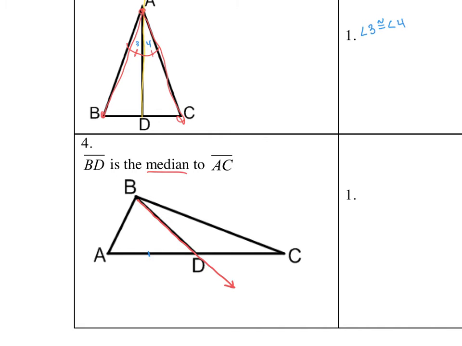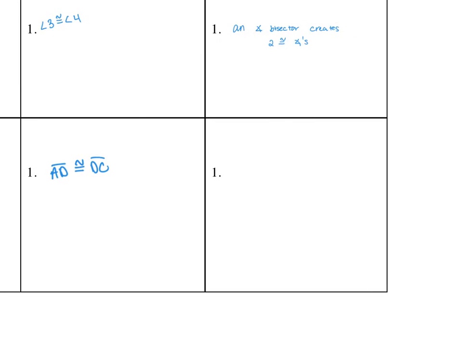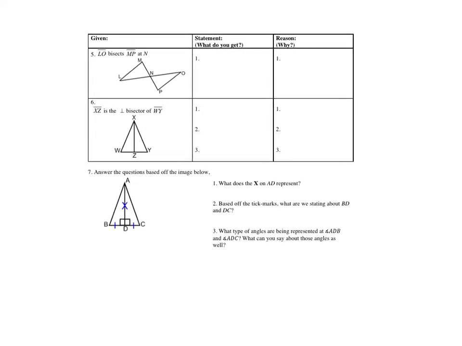I can say AD congruent to DC, and my reasoning would be definition of median, or a median creates two congruent segments. Let's go on to our next three examples.